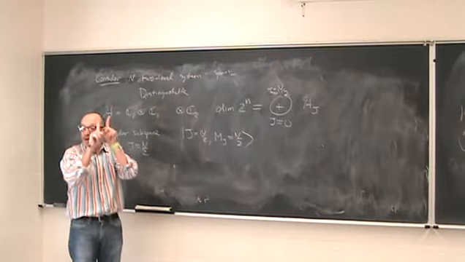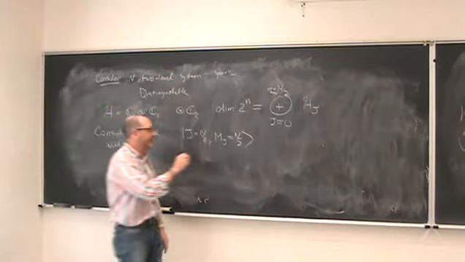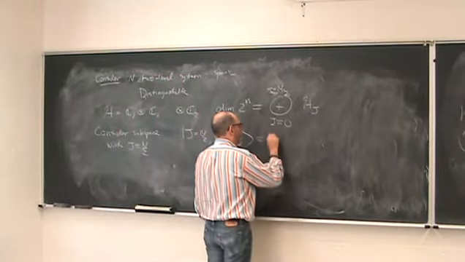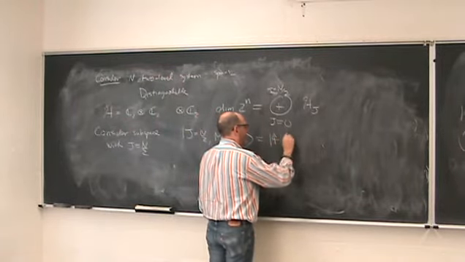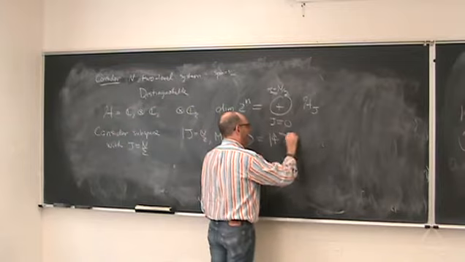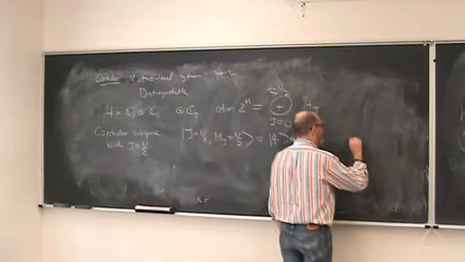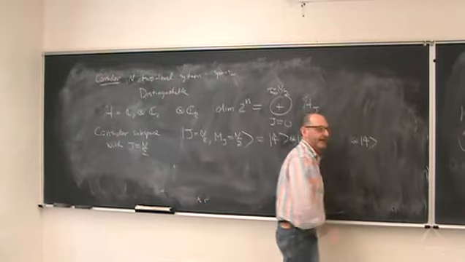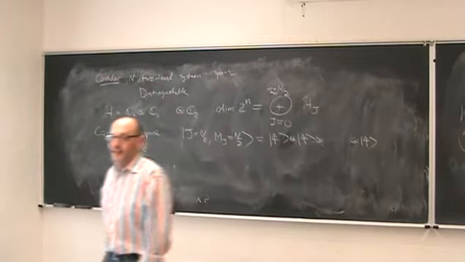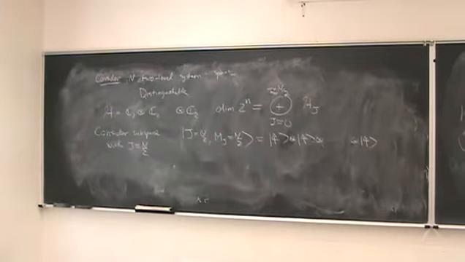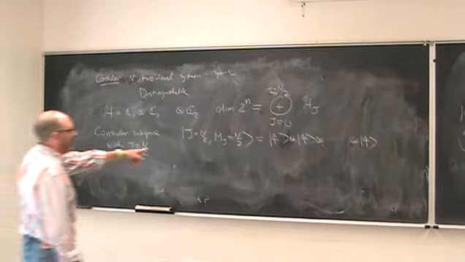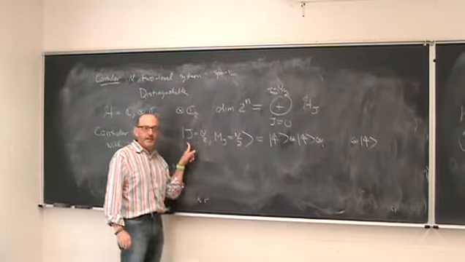Well, they all are spin up, so this is the state up tensor up, tensor, all the way, all of them up. That is the only state that has that m sub j, and therefore it must have that j, okay?